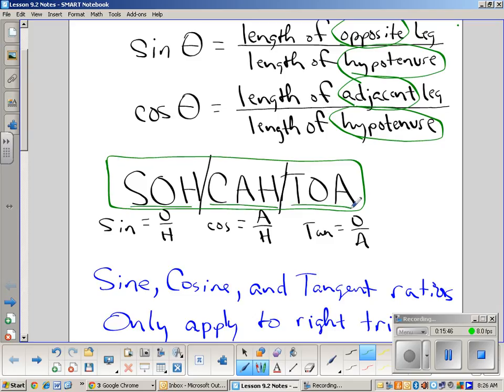So-ka-toa. That's all you can do for a hurt toe. So means sine equals opposite over hypotenuse. Cosine equals adjacent over hypotenuse. Toa, tangent equals opposite over adjacent. So-ka-toa. Okay?